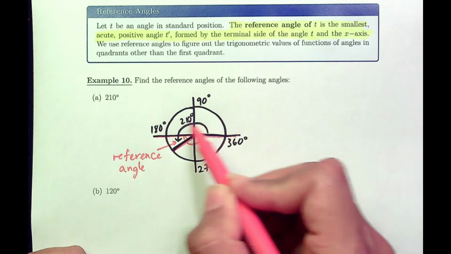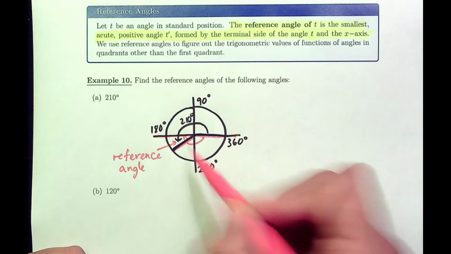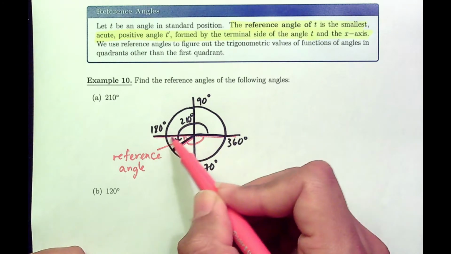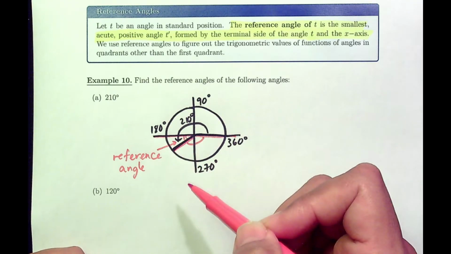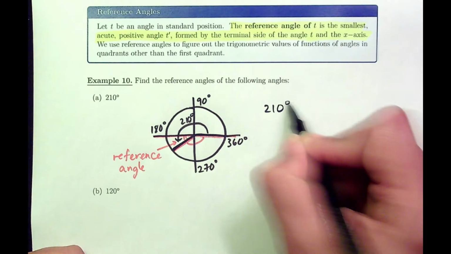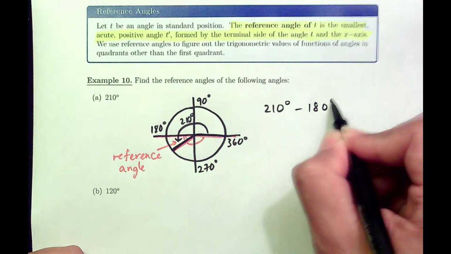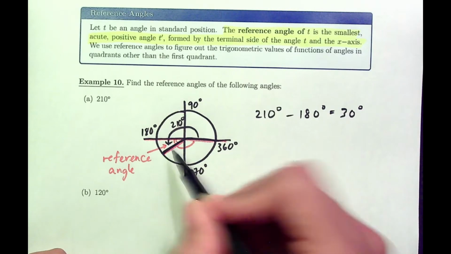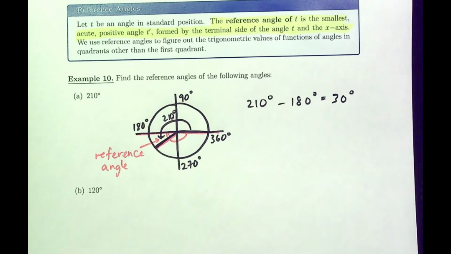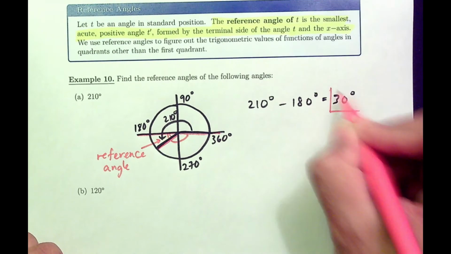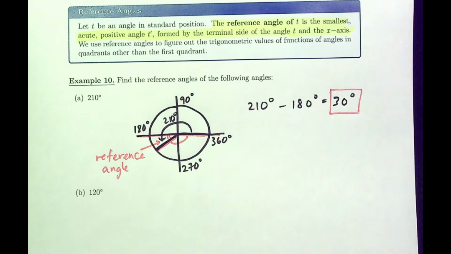Well, if this is 210, to get from 180 to 210, you go another 30 degrees, right? So you have 210, and then you subtract 180, and you have 30 degrees. That is this surplus, 30. You go 30 more after 180 to get to 210. So that right there is the reference angle. The reference angle of 210 is 30 degrees.